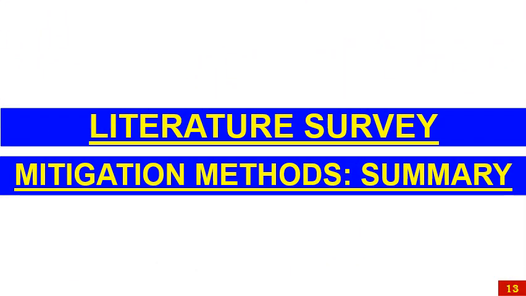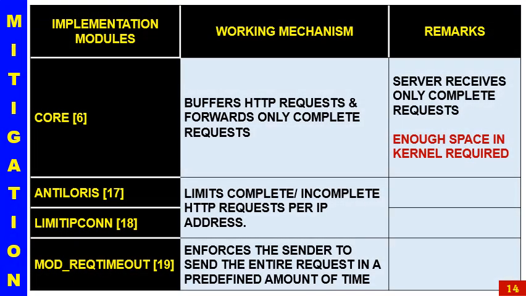Summary of mitigation methods. Web servers, in order to mitigate the slow low-rate threat, implement different modules. For example, the core module buffers the HTTP requests and forwards only the complete request to the server.